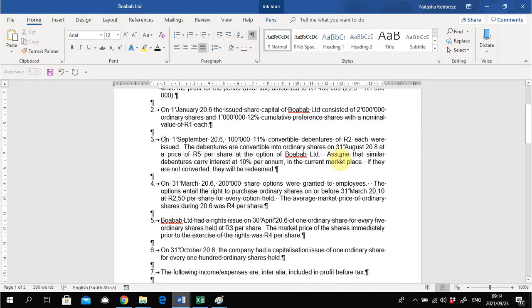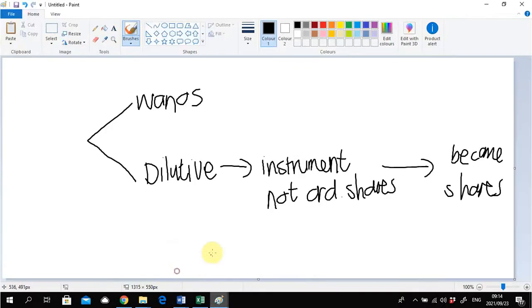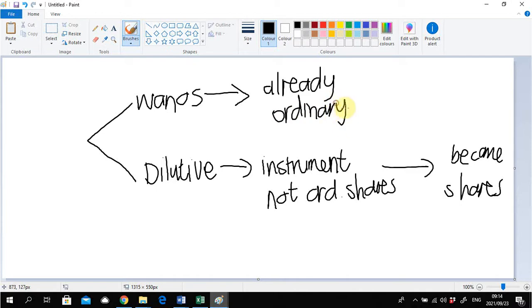And in that instance, it's a dilutive instrument. Then if we go back and look at the items that affect your weighted average number of shares, it's already ordinary shares. It will just affect the volume, for example, and the potential.